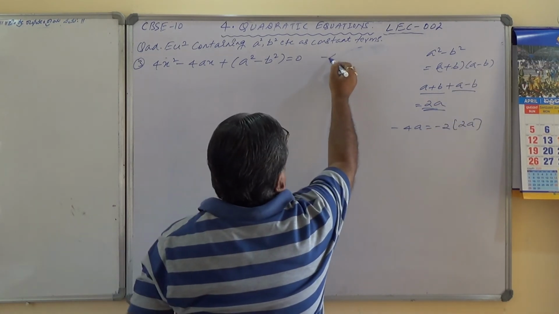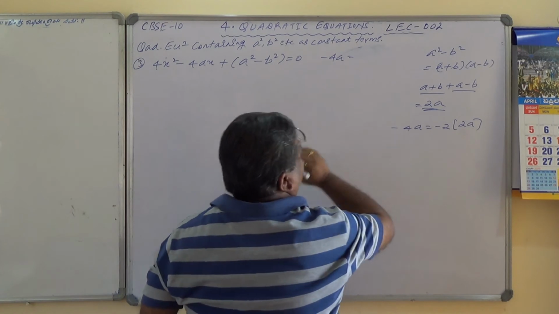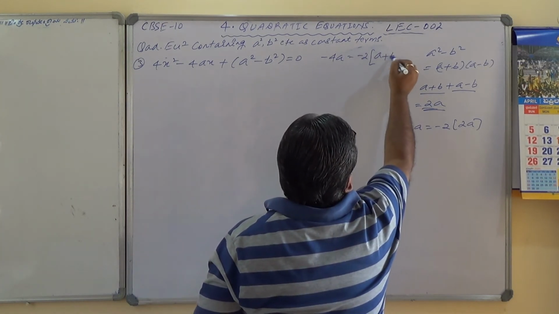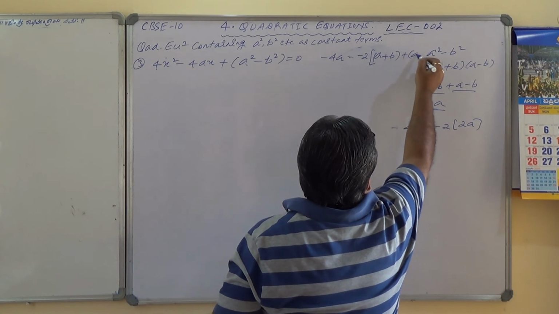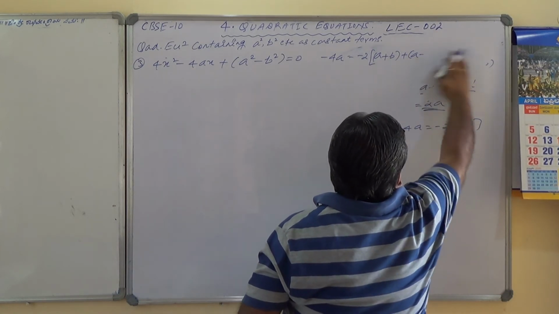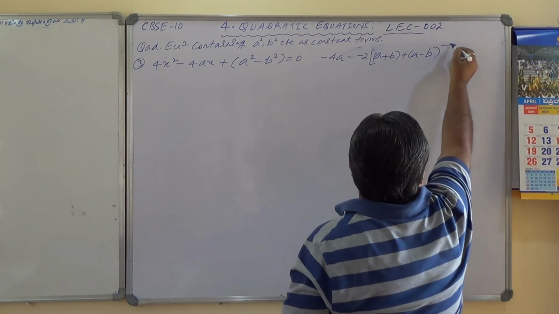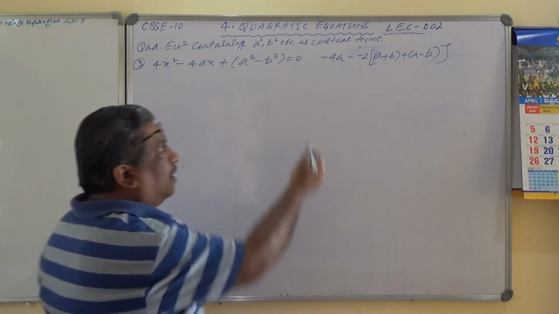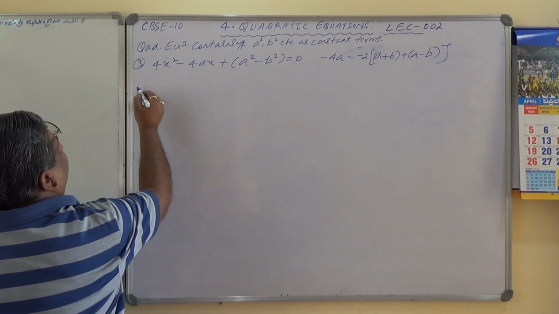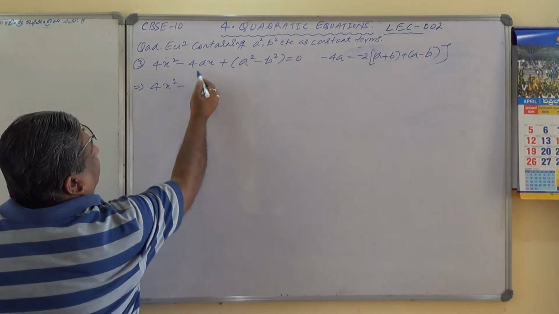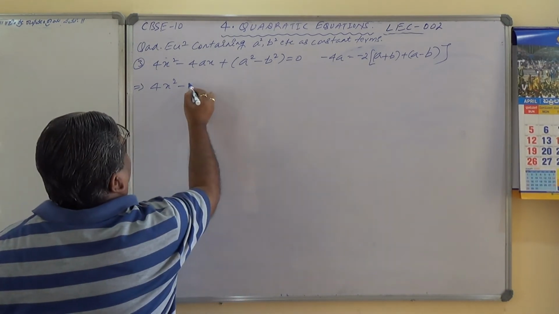So I can write minus 4a equals minus 2 into bracket a plus b plus a minus b. I am erasing. You have to watch very carefully, then only you can understand.